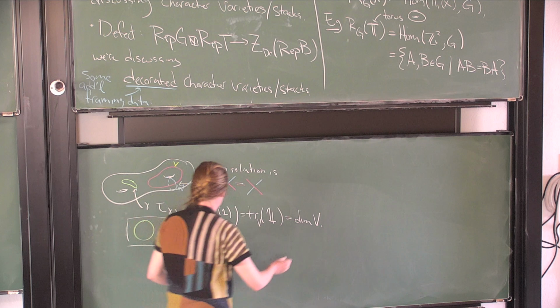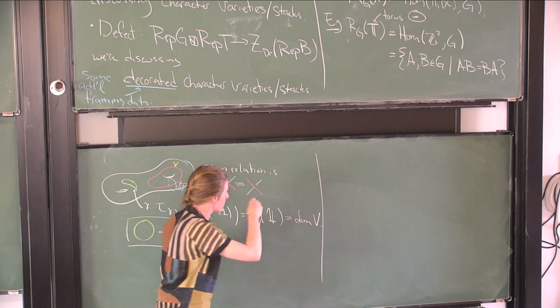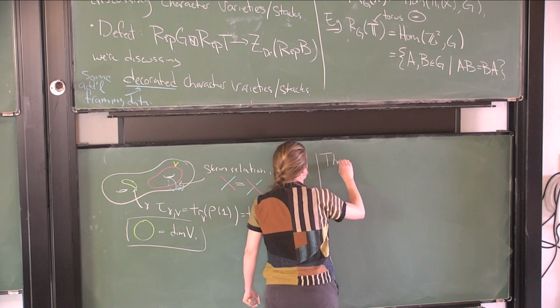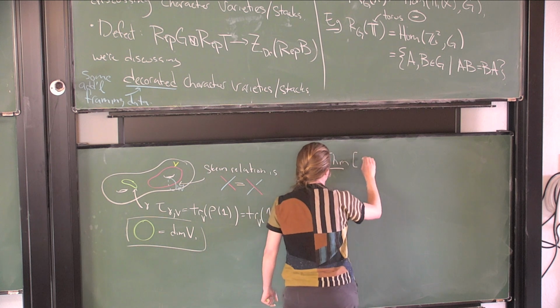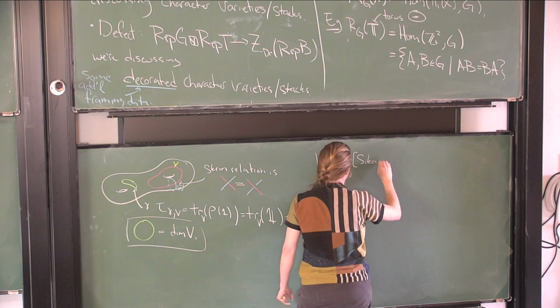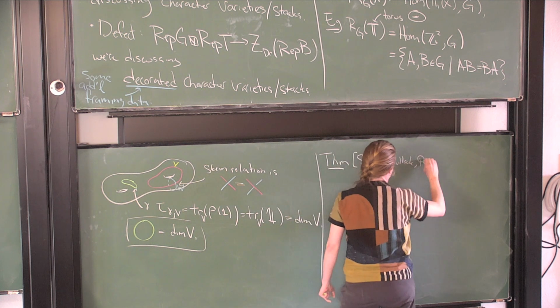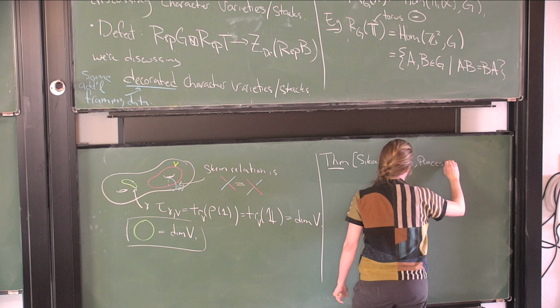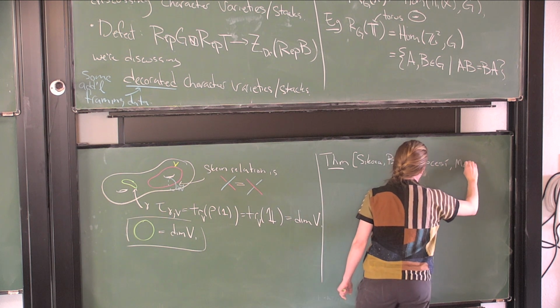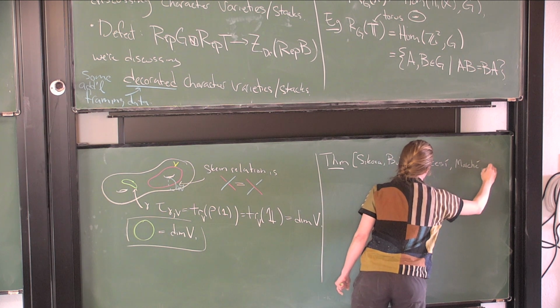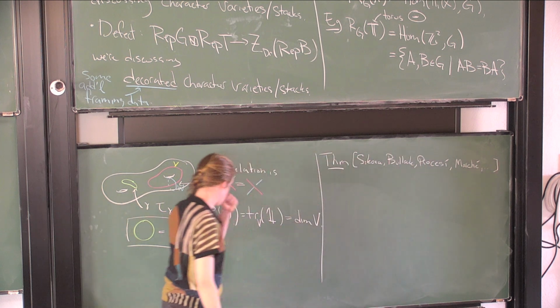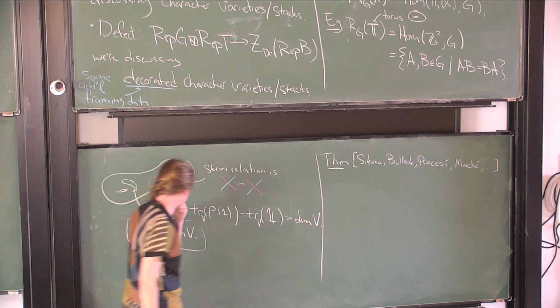So, bringing this all together, I'll call it a theorem, but there's a lot of work by a lot of people. I'm sure I've forgotten a few because it's been a big project, giving all the different parts of this.